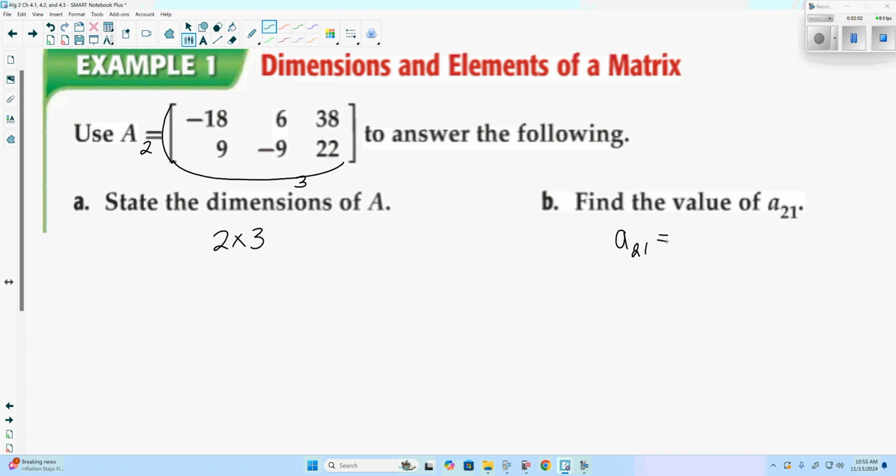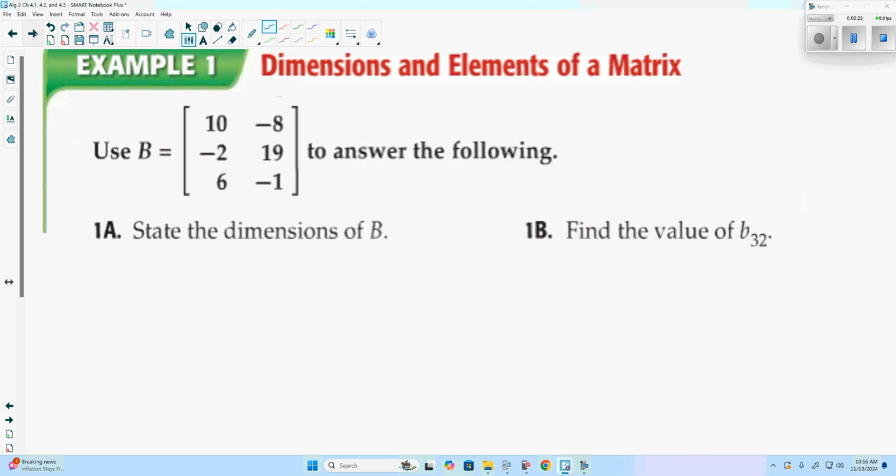First number is the row, so here it's looking for row 2, column 1, which is 9. Second row, first column, 9. That's it. Questions on this here?